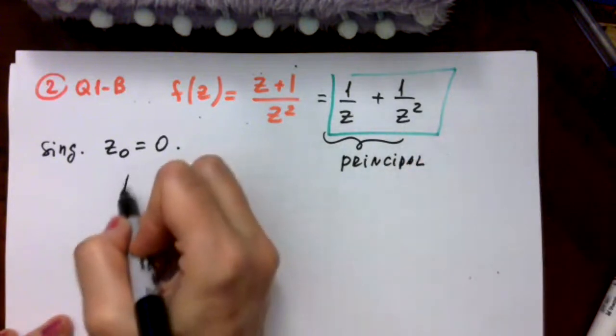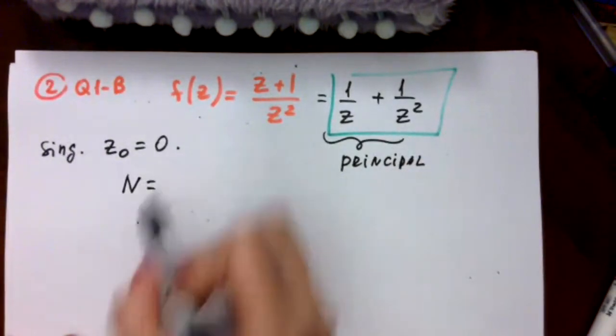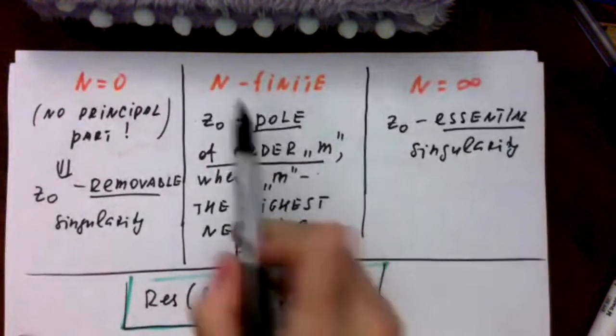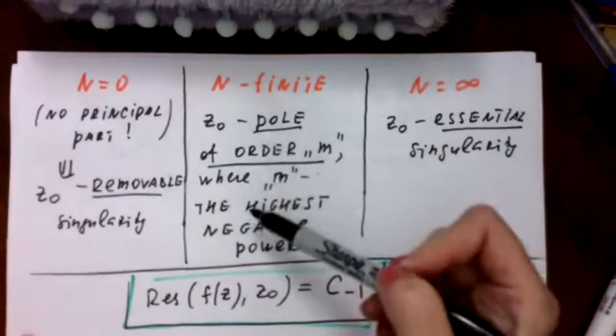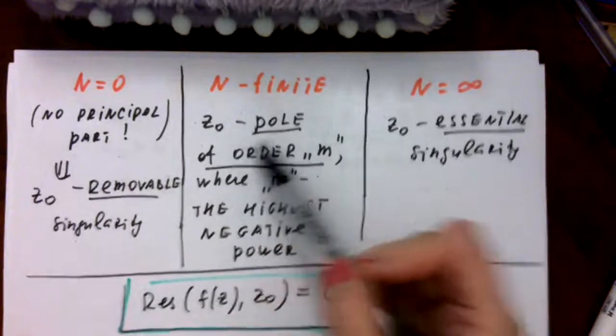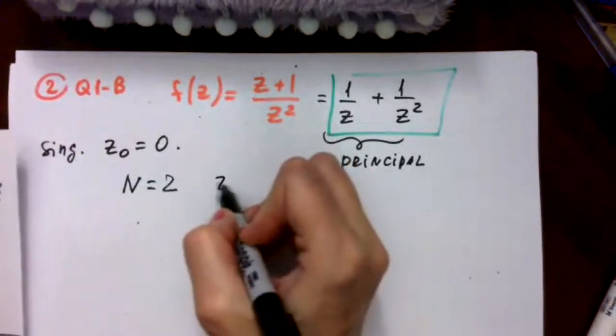What about n? What is the number of terms in the principal part? Of course, 2. What does it mean? If we look at our table, we realize that we are in the second column now, because n is equal to 2, which means finite. So this is a pole. Very interesting.